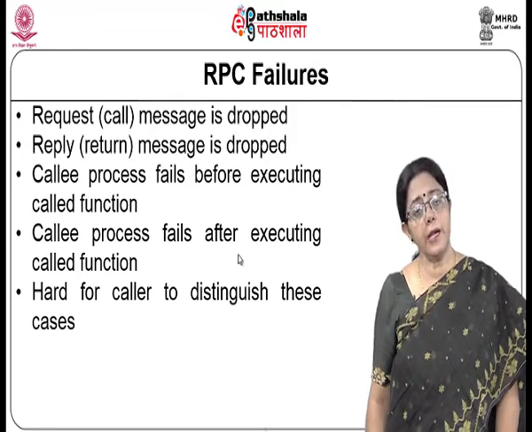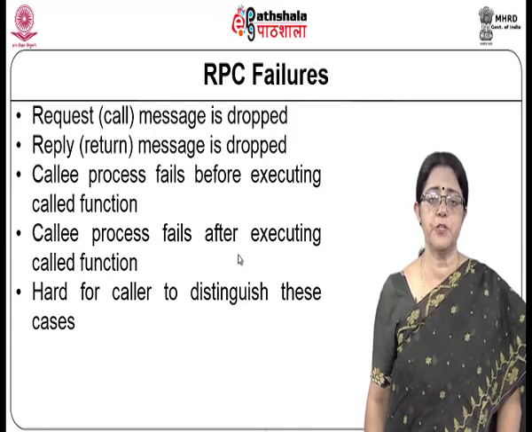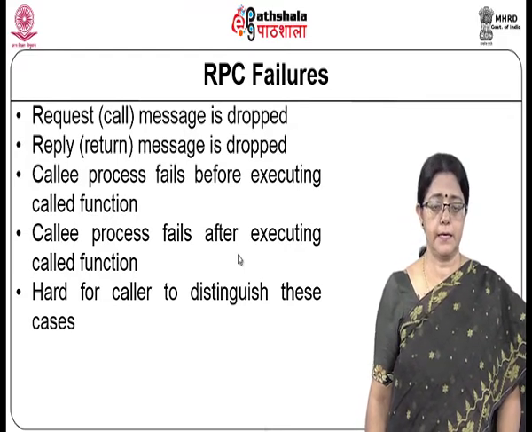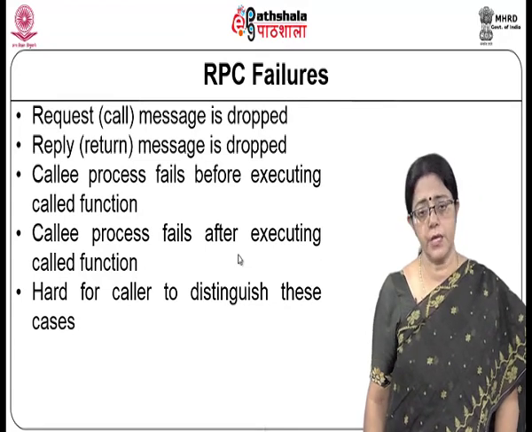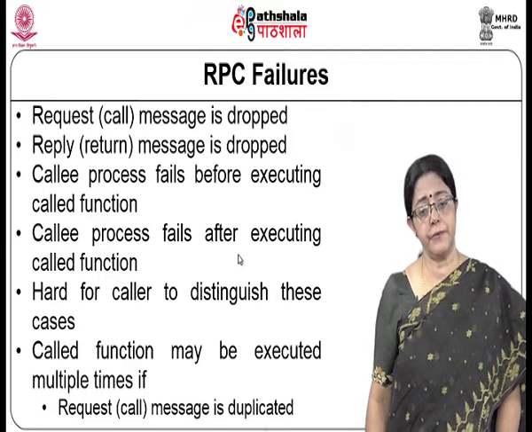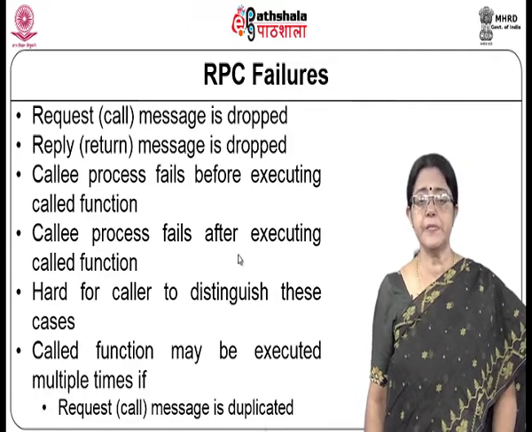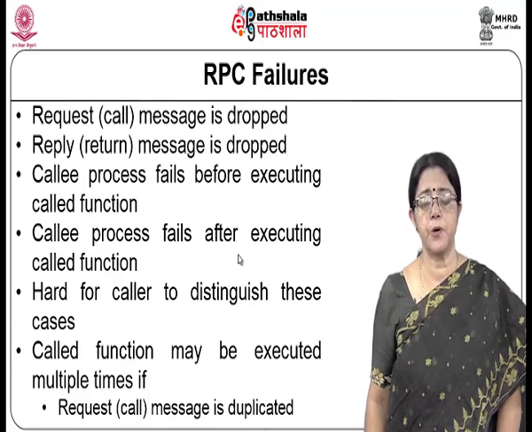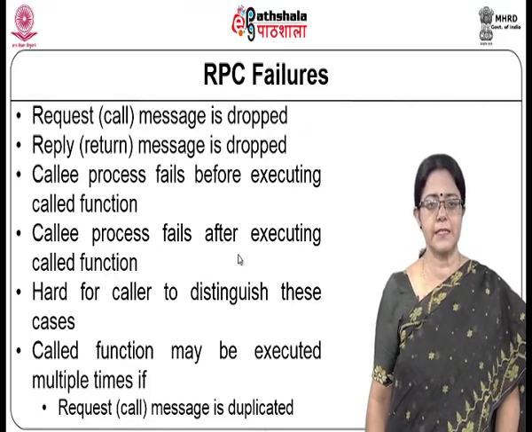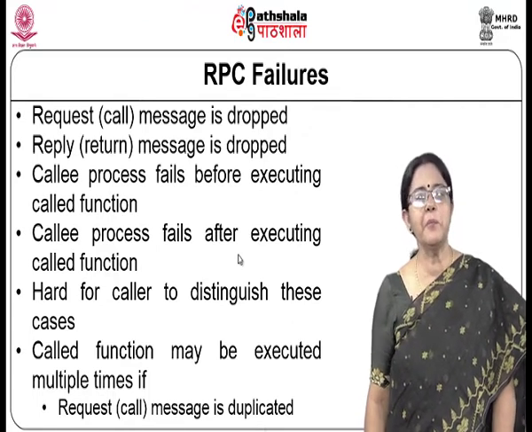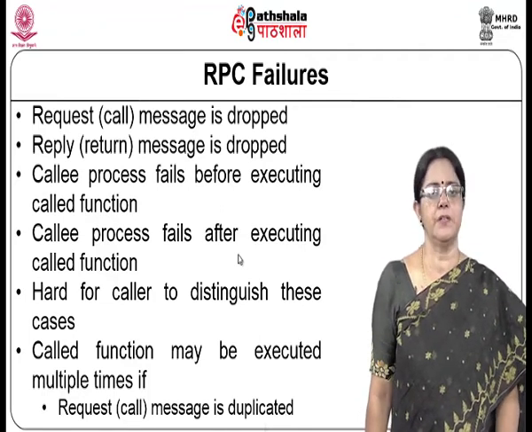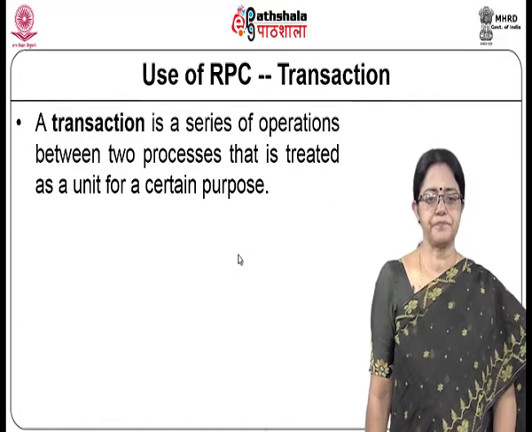For the caller process, it is very difficult to distinguish between these four failures. They look identical; the effect of these failures is identical to the caller process. So, if the function is executed many more times, it may cause a serious problem. Imagine a bank account where you are debiting or crediting some money, and it gets executed many more times. Definitely there will be someone who will be very unhappy about it, and it is not an acceptable situation.